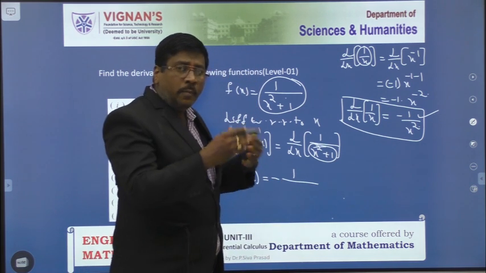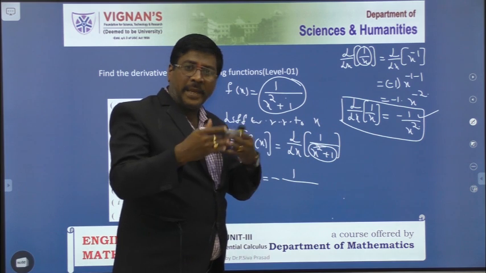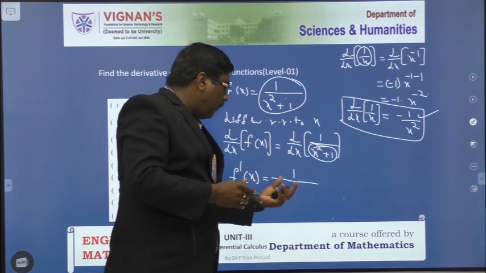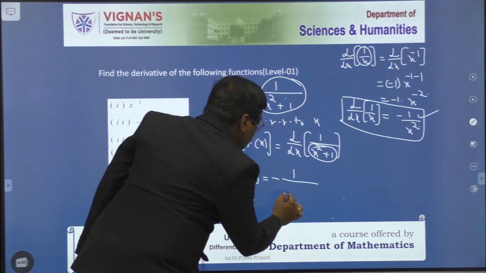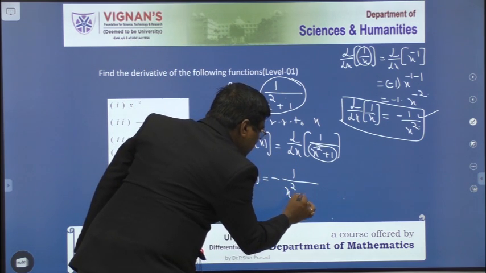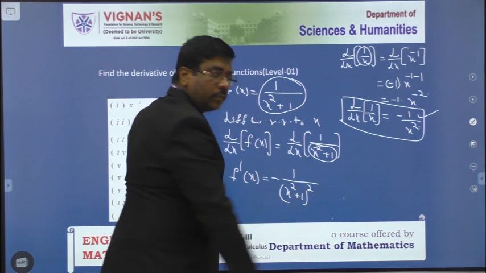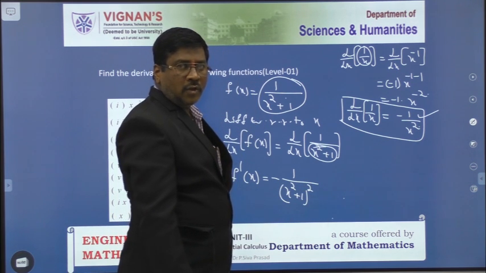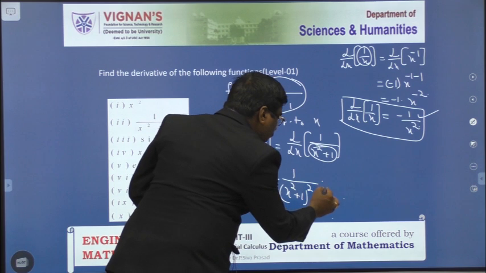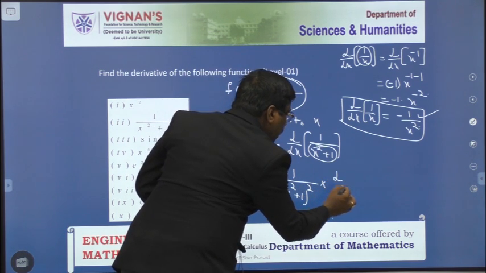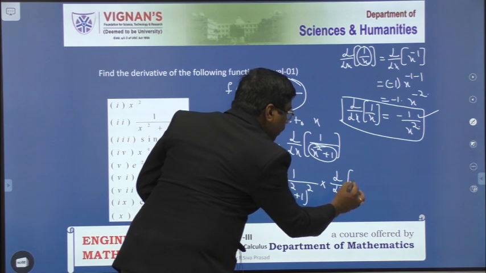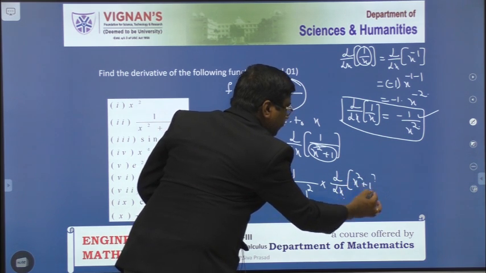But here, in place of x, whenever you write, that has to be x square plus 1 directly. Now, this is x square plus 1 whole square. Again, along with it, into the internal derivative, that is d by dx of the total function, x square plus 1.